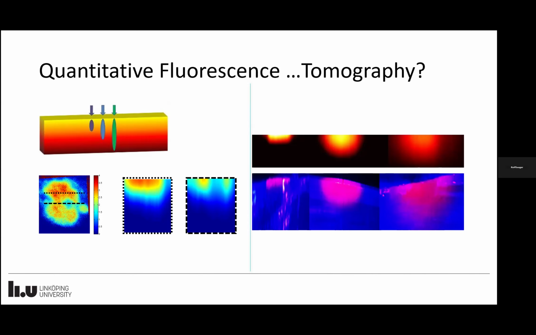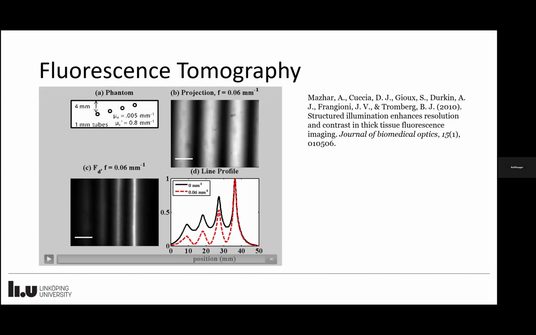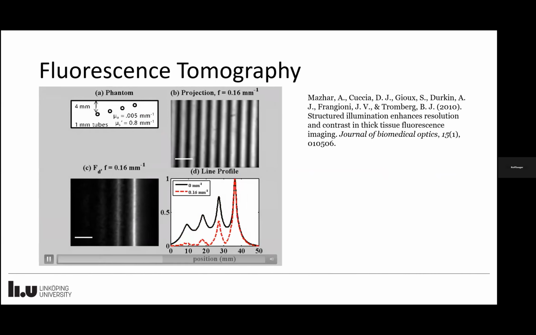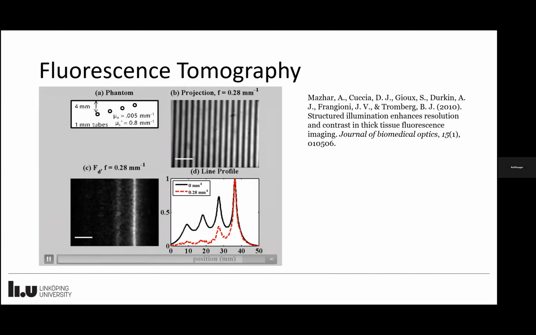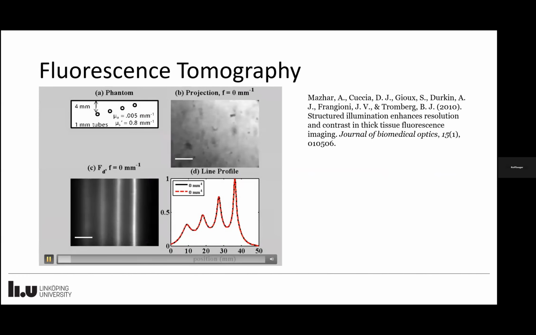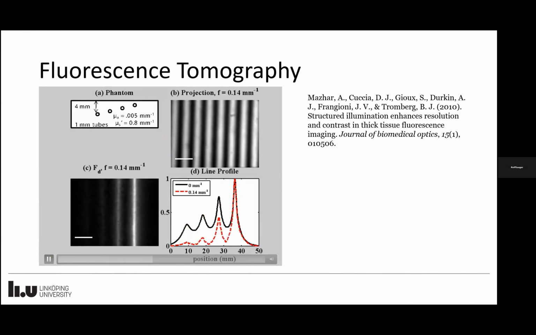Spectral is not the only depth sensitive thing. Spatial frequency is a similar thing. And I think David brought this up as well: if you vary the spatial frequency and look at fluorescence generation, the higher the spatial frequency, you start to lose signal from deeper. You only see things from very high up, which you can start to differentiate.